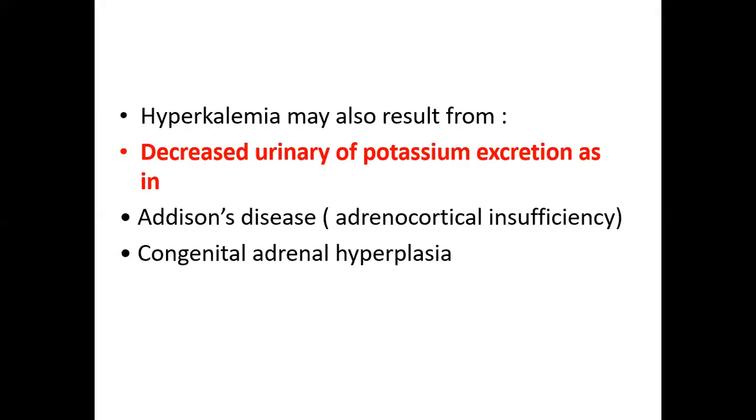Hyperkalemia can also result from decreased urinary potassium excretion in conditions like Addison disease. Again, in Addison disease, we will have very little or no activity of aldosterone, which can cause hyperkalemia. Apart from it, congenital adrenal hyperplasia, again, the mechanism will be the same because there will not be enough aldosterone.